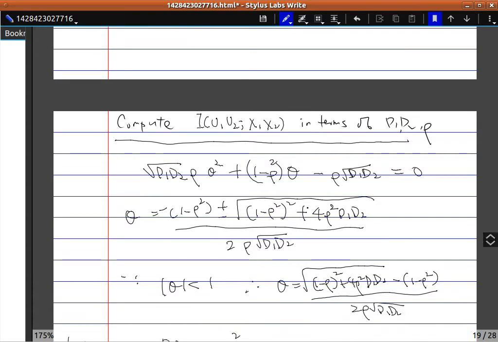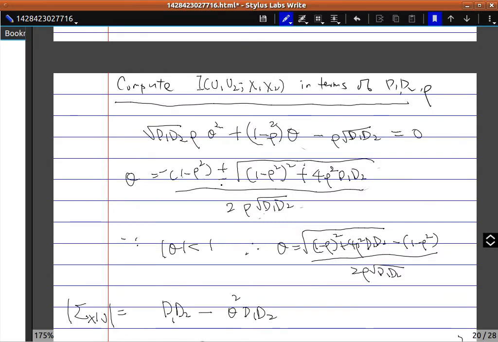But if you look at it more carefully, 1 minus rho square is positive, and the square root of this is just equal to this here. Therefore, this magnitude itself must be bigger than this here. So if I have minus this, and again this is positive, the whole thing in terms of magnitude must be bigger than this. So when we take the minus sign, we will have theta with a magnitude bigger than 1.